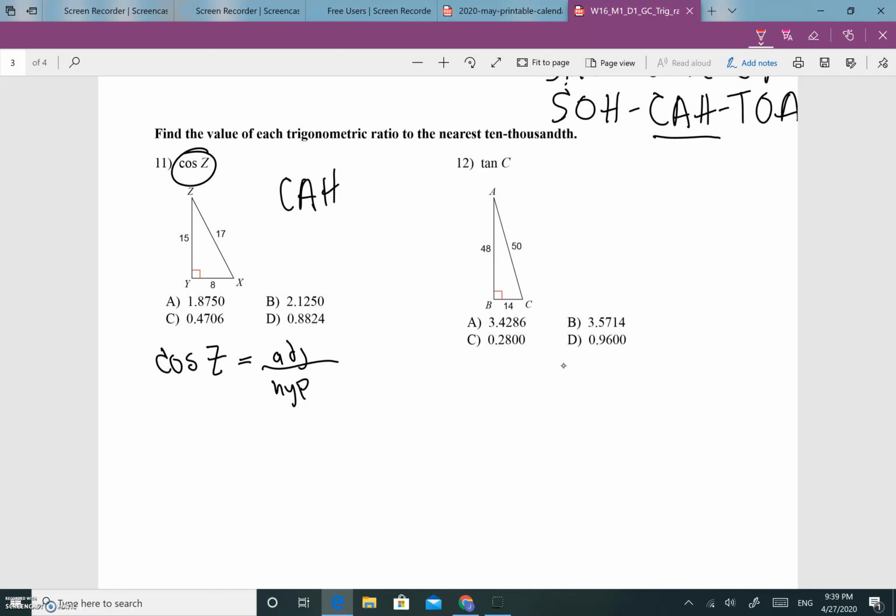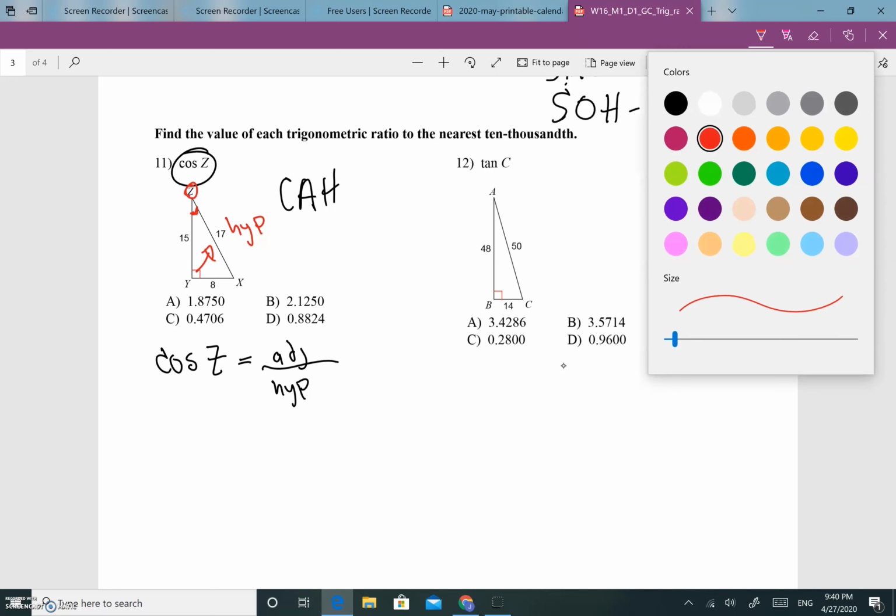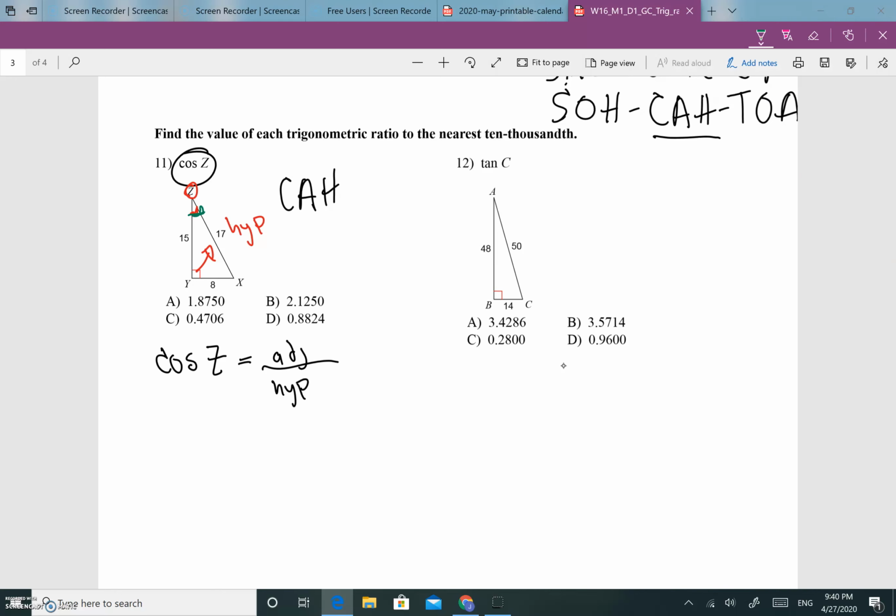Always start with the largest side. In this case, the largest side is 17, and that is going to be my hypotenuse, because that's the one opposite to my 90-degree angle, or the square. Now we're looking at C, so we're looking at this one. What is opposite to C? We have two choices, either 15 or 8. It's actually going to be 8. So if I draw an arrow, this is going to be my opposite, and this is going to be my adjacent.